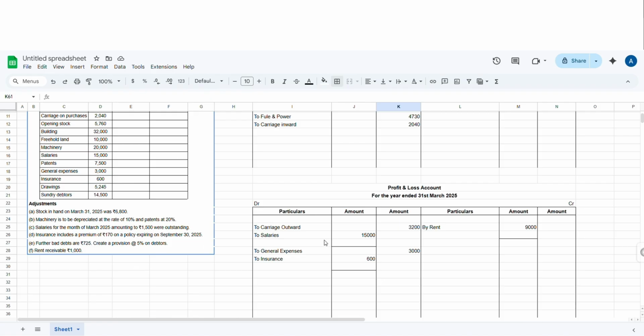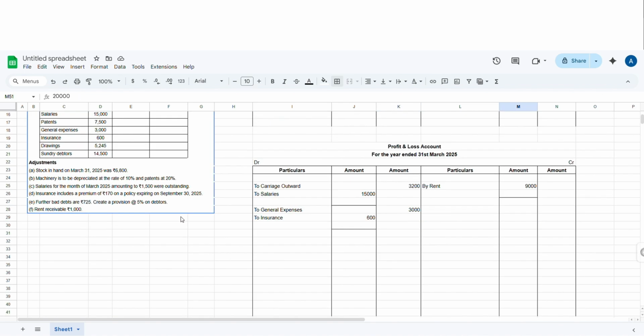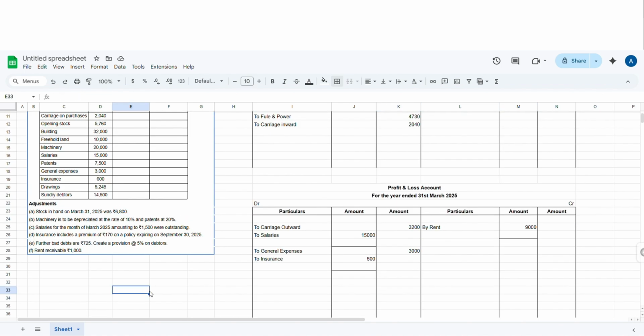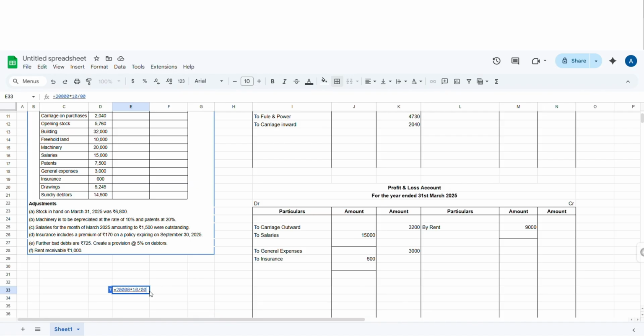Here the cost of machinery is 20,000, and we depreciate it by 10%. So the depreciation amount is 2,000 rupees. So we will record it twice.